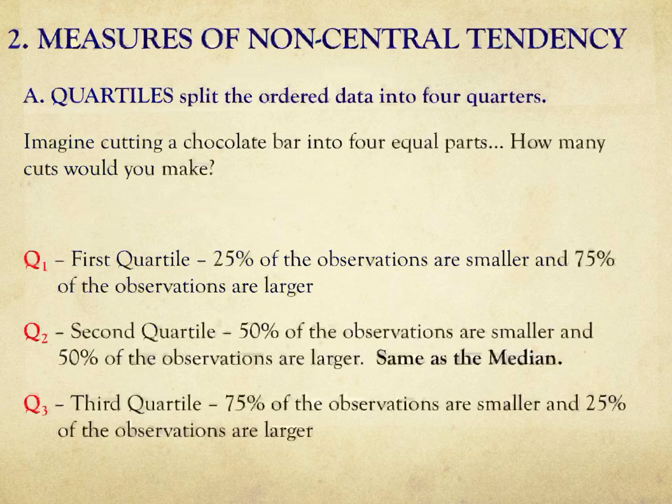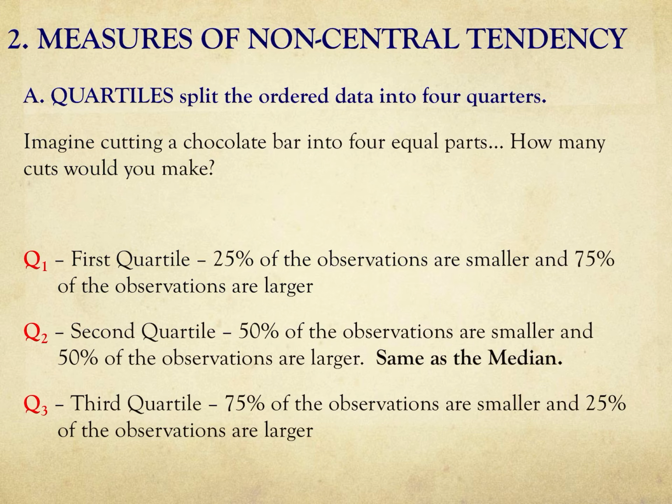But before you do that, you need to arrange the data set from the smallest to the largest. The next thing you do is you divide the data set into equal groups or equal parts.